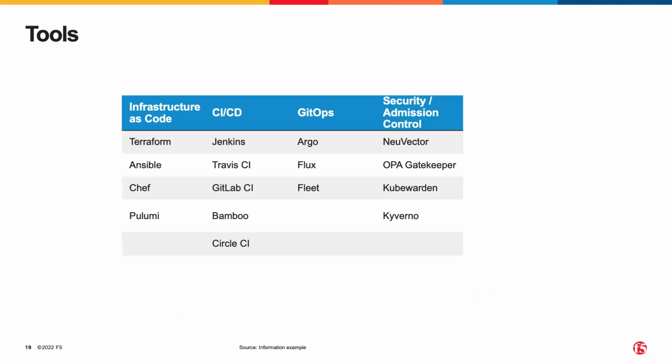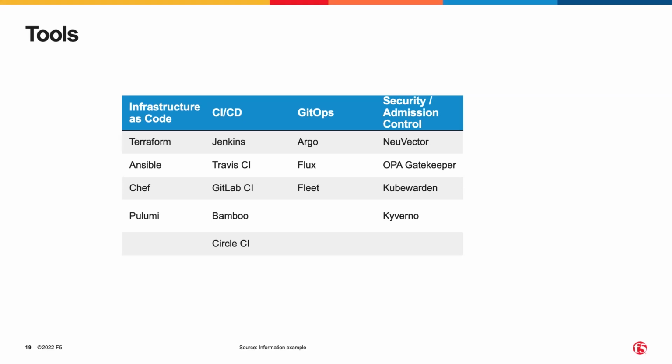To summarize all the tools that we reviewed: for infrastructure as code, some examples are Terraform, Ansible, Chef, and Pulumi. For CI/CD, Jenkins is still very common, as is Jenkins X. There's also GitLab CI, which is increasing, CircleCI, Bamboo, Travis.